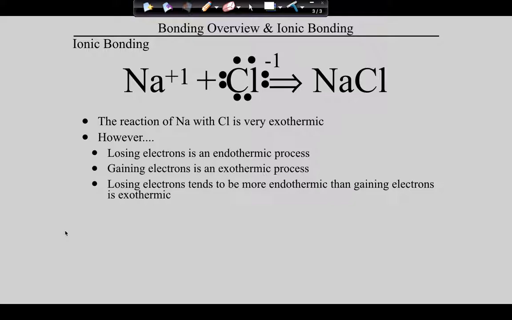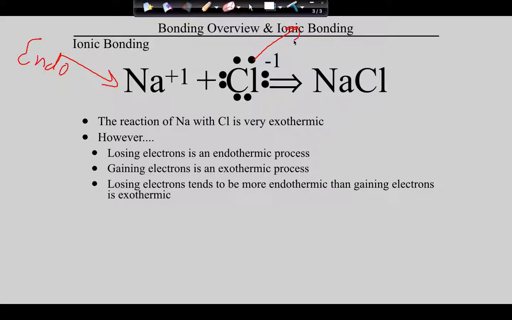Here's the thing that's interesting, guys. When sodium chloride is formed, the losing process is more endothermic than the gaining process is exothermic. But if you tie that back to what Robbie got us thinking relative to Hess's law, we've got a problem. So guys, if you don't understand what this sentence means, let me show you. So energy goes in to kick the electron out. That's endothermic.